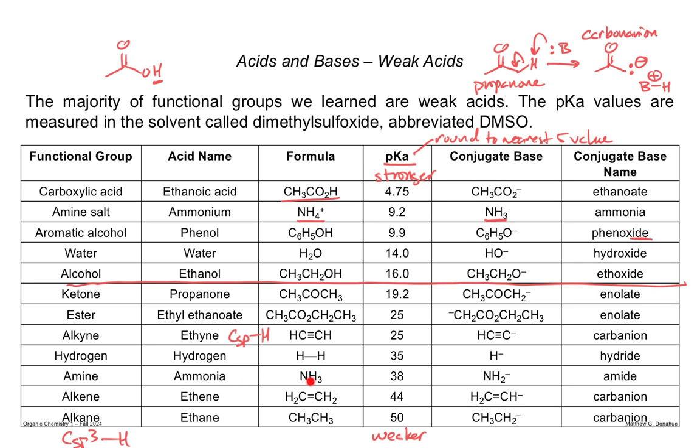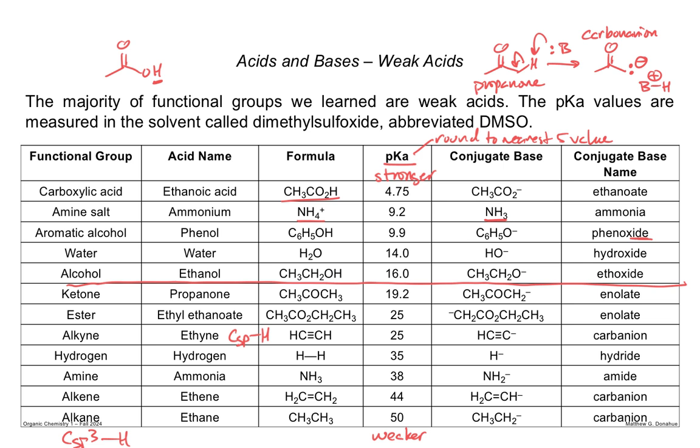Notice the difference between that and the row 2 there, which was ammonium, NH4+. When you deprotonate ammonia, you get NH2 minus. And kind of something weird, NH2 minus is called an amide base.